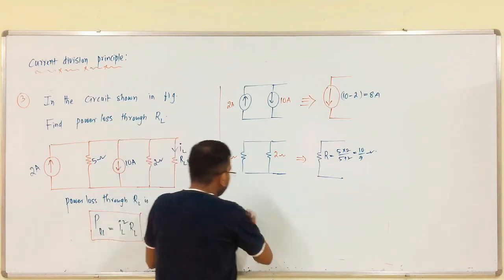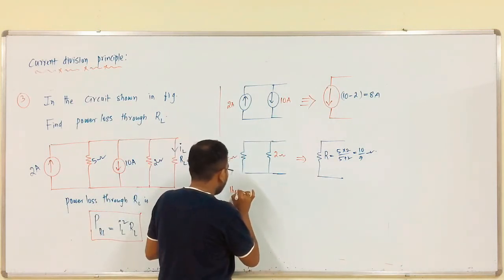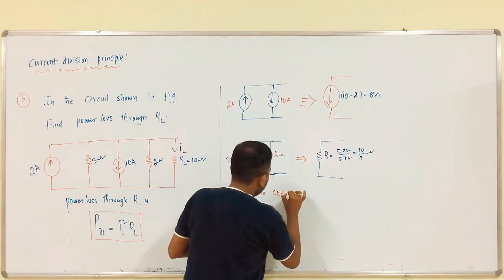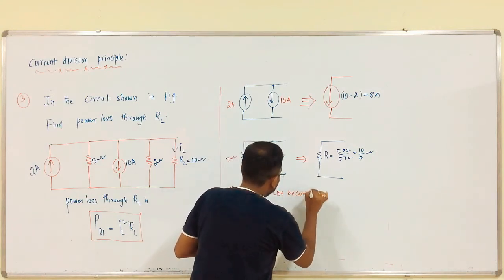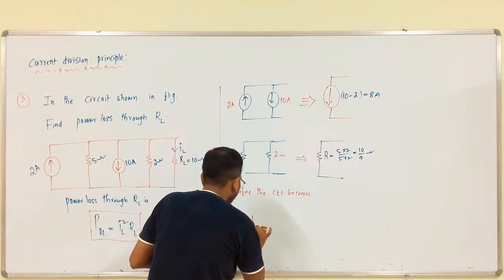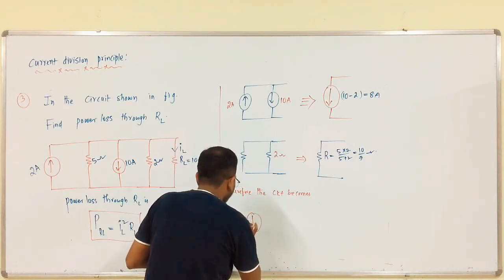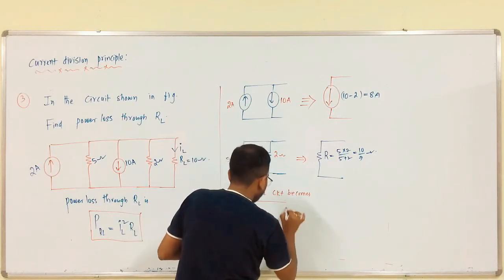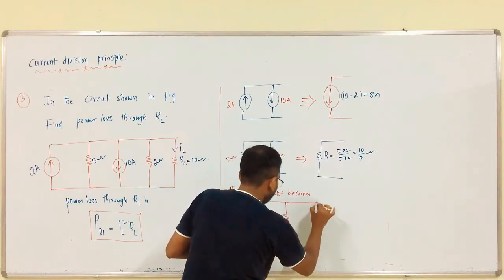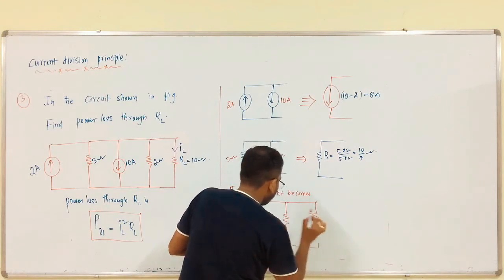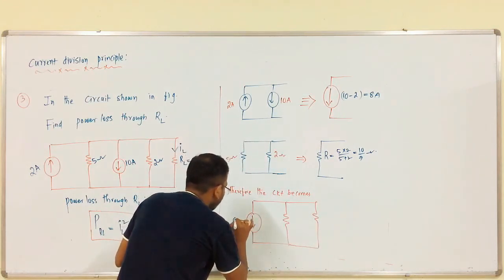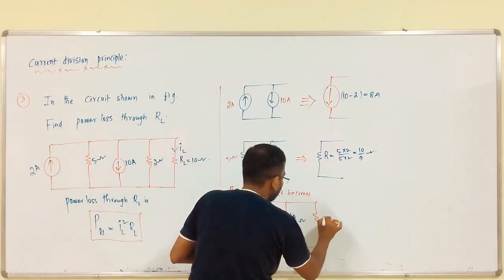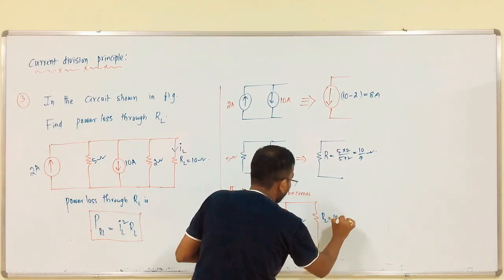Therefore, the circuit becomes: this is 8 amps, this is 10 by 7, and this is RL, given as 10 ohms.